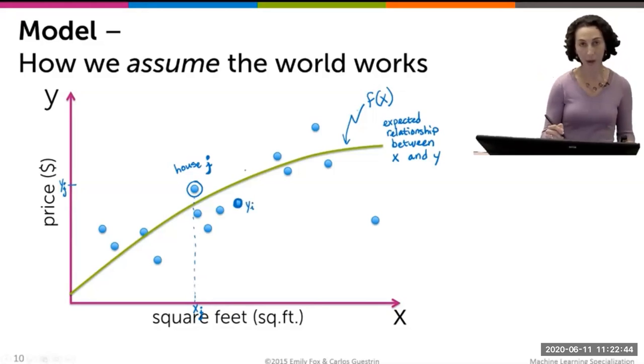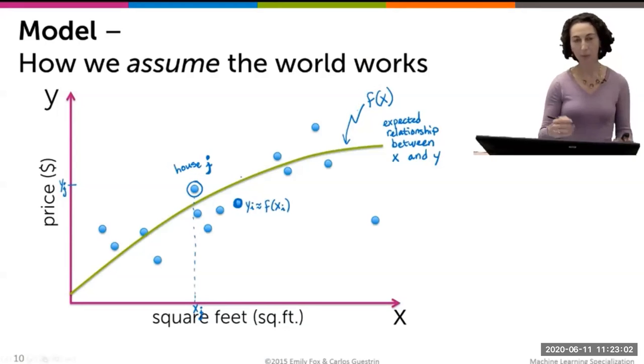And so this house here that I'm looking at, I'm going to say that it sold for some value yi. And based on my model, I'm assuming that yi is approximately equal to f of xi, this functional relationship between the square footage of house I and its sales price yi. But I'm assuming that my model is not 100% accurate.